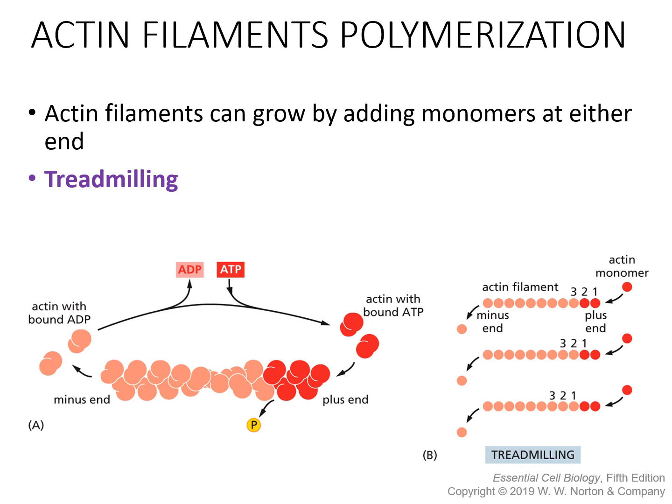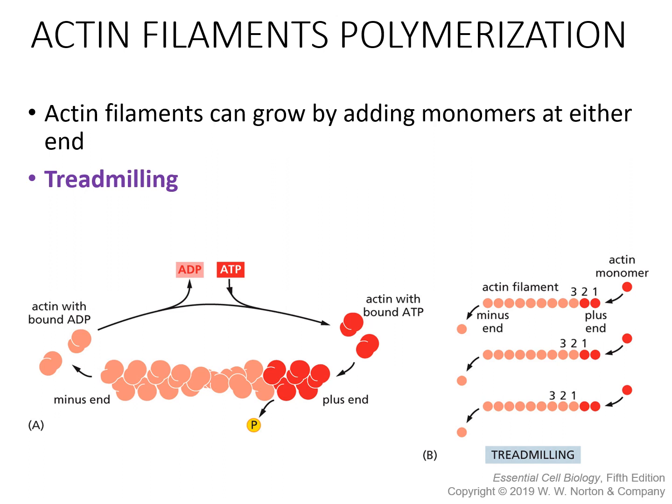Now let's look at a little bit about how actin polymerization can happen. Actin filaments can grow by adding actin monomers to either end. Actin monomers carry bound ATP. When actin monomers are added to either end, this bound ATP is hydrolyzed upon adding to the filament.